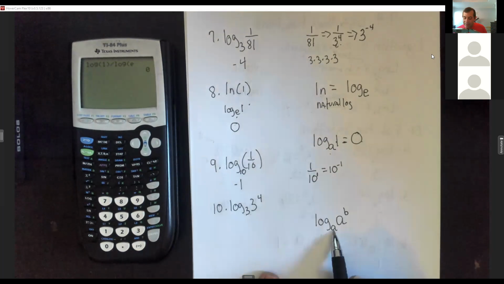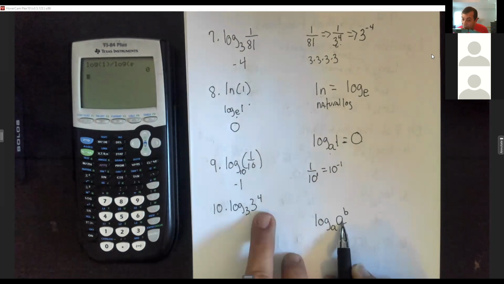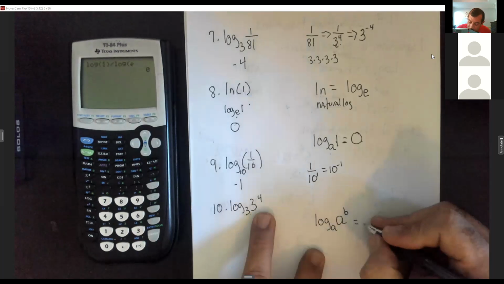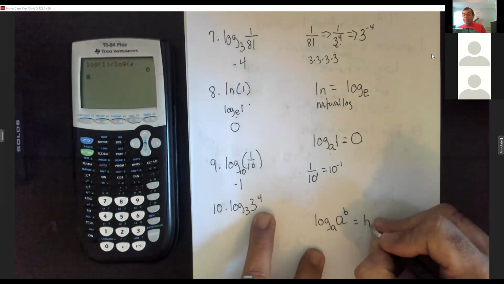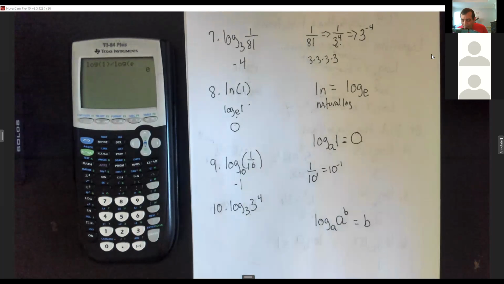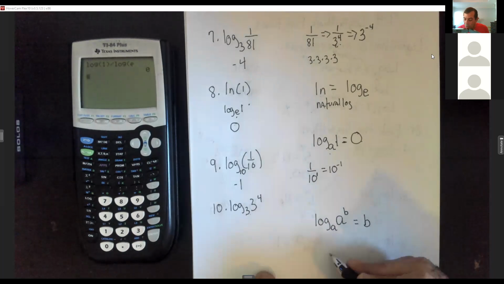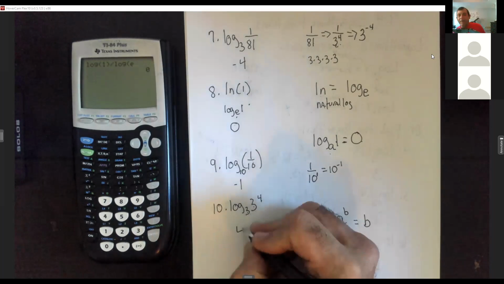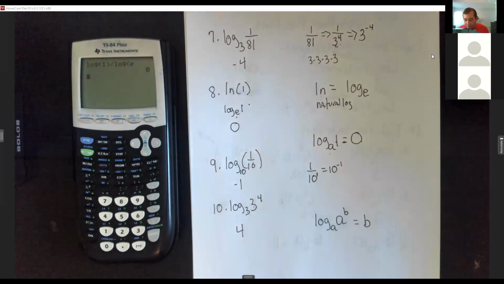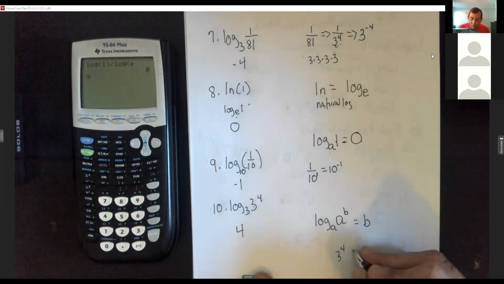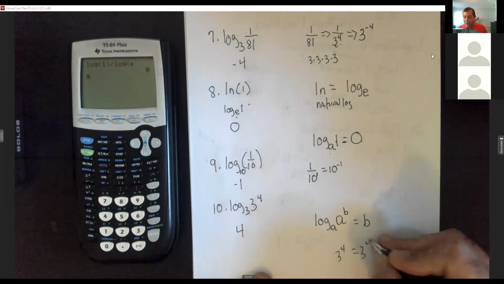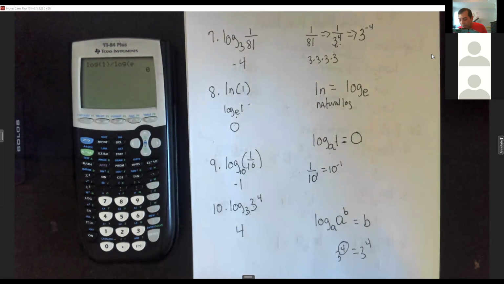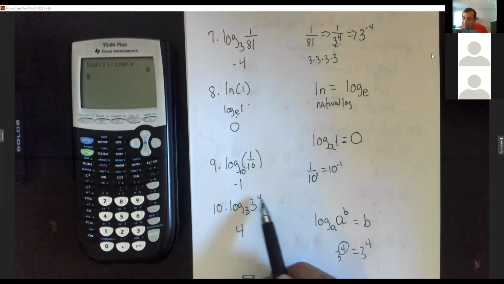If this base matches the base of your result, then the answer is going to be whatever that exponent is. If I've got a 3 and I want it to look like 3 to the 4th, then I would raise the 3 to an exponent of 4. That makes sense, right? 3 to the 4th will equal 3 to the 4th. So when the base matches the base of the result, written as an exponent, then the answer is automatically that exponent.